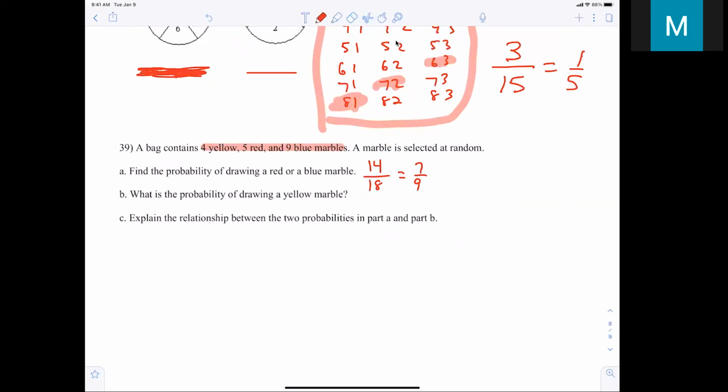KK, letter B, what's the probability of drawing a yellow marble? 4 out of 18, correct. Now reduce it. 2 over 9. And right now, I don't care about C, just cross out C.